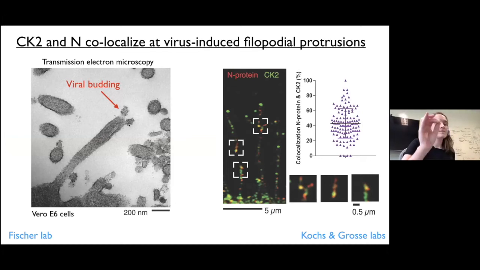So it seems that this interaction between the N protein in SARS-CoV-2 and CK2 promotes these filopodia that allow for viral budding and an easier mode of transmission of virus from cell to cell. So this is a really ominous finding for the ability of SARS-CoV-2 to transmit between different cells.